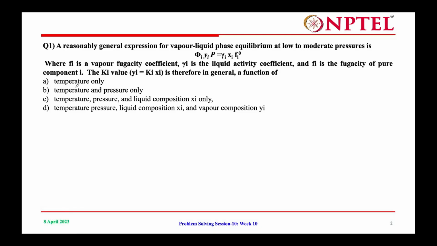So question 1. A reasonably general expression for the vapor-liquid phase equilibrium at low to moderate pressure is phi_i y_i P = gamma_i x_i f_i, where phi is the vapor fugacity coefficient, gamma is the liquid activity coefficient, and f is the fugacity of the pure component.